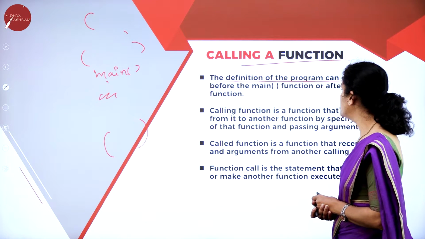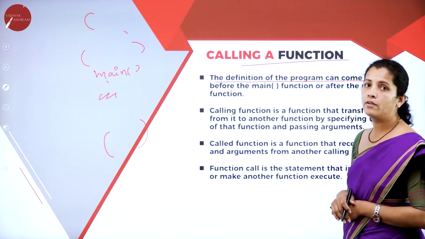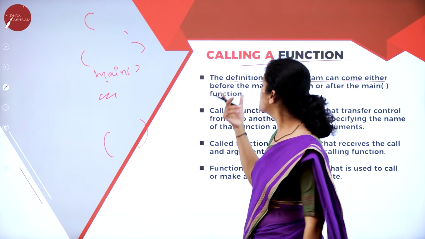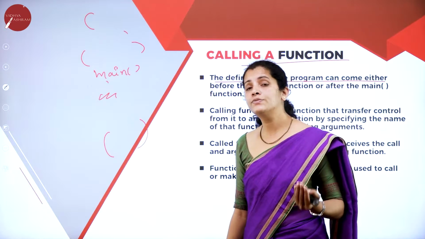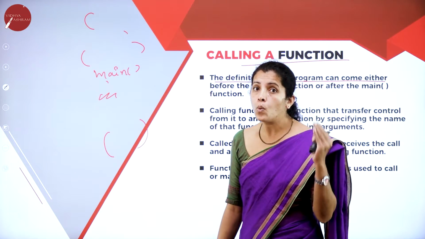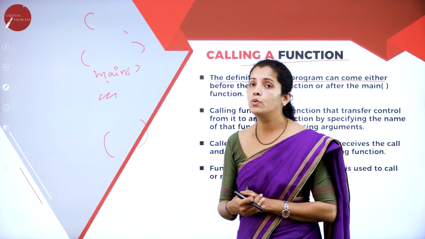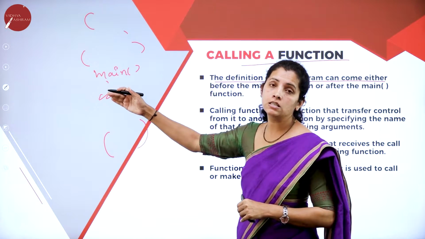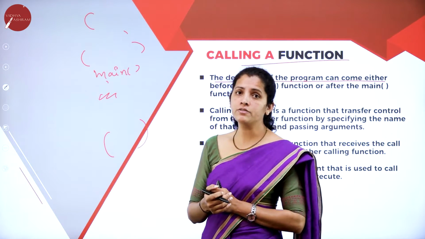Now calling a function is what transfers control from one function to another function. So what is calling a function? Suppose I want to transfer the control from one function to another, at that time I'm going to call a function. So far we discussed how to write the add function and how to write the multiplication function.